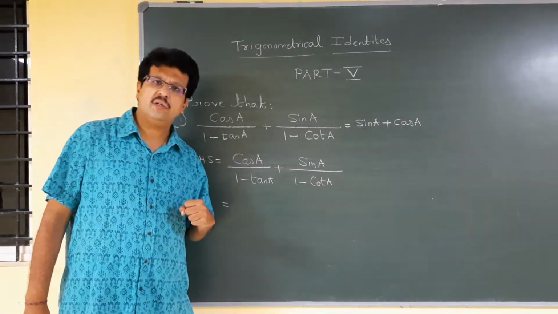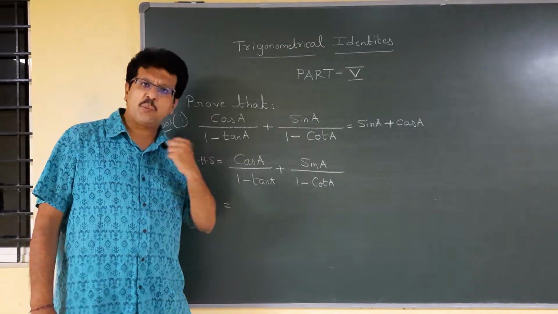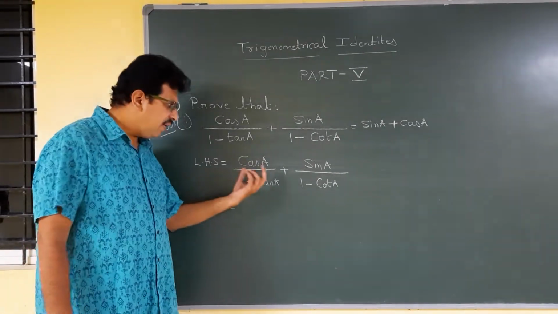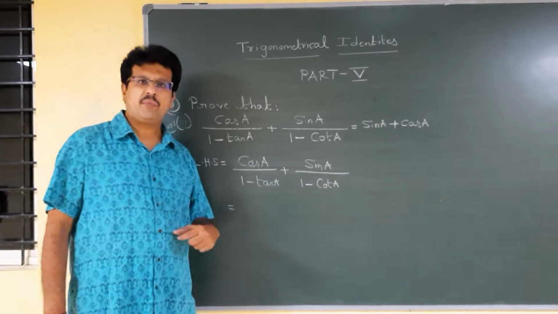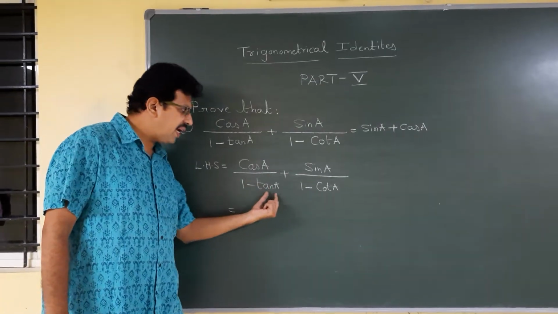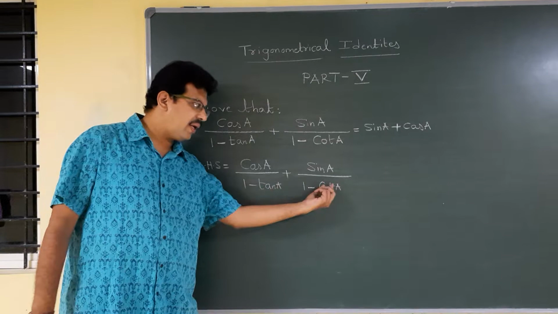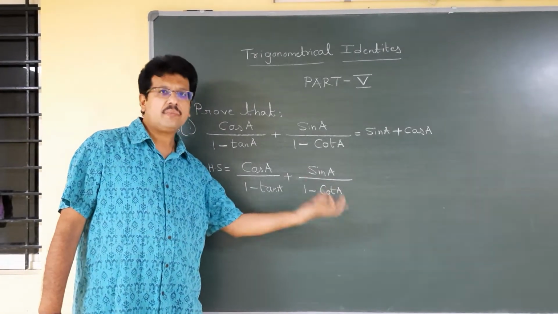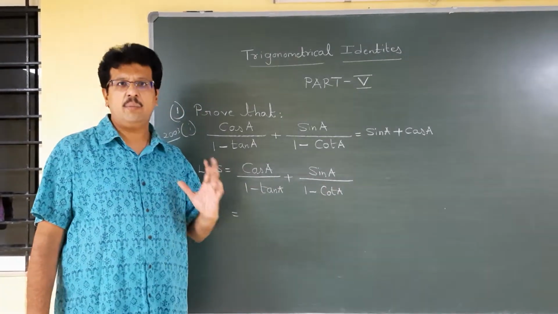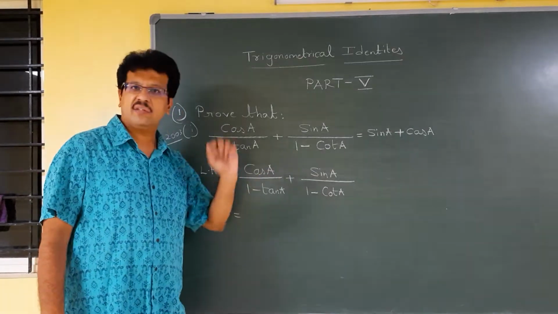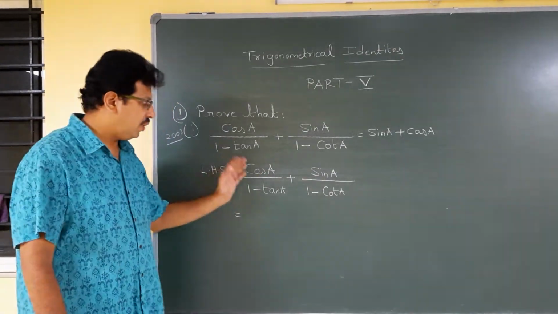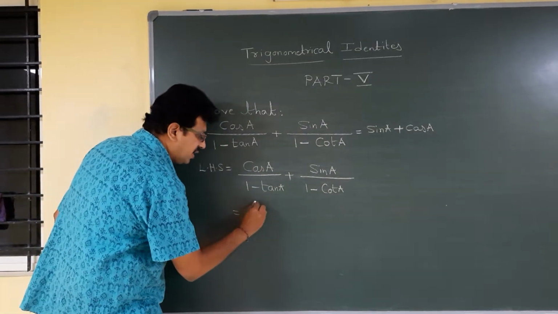But in this session, I'd like to explain one very important concept: here tan A is there, cot A is there. First, we will convert tan A in terms of sin and cos, that is sin A by cos A, and cot A as cos A by sin A. So, children, you need to be a little careful in doing such problems. Let us take the left hand side and start proving it.